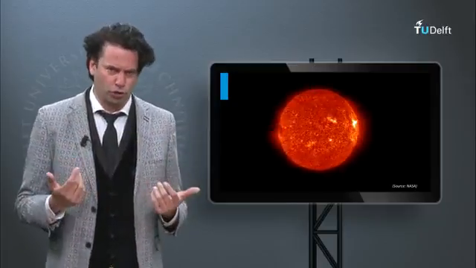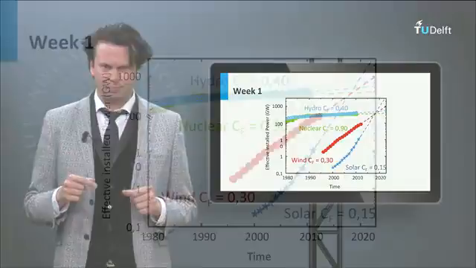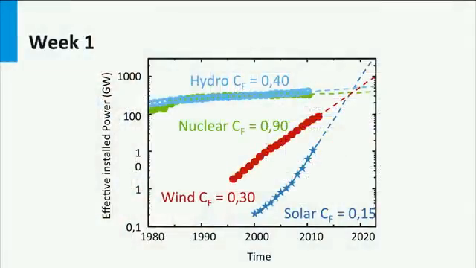Now I will give a more detailed overview of the course content for each week. In week 1 I will give you a general introduction into solar energy. I will discuss the variety of technologies for energy conversion we are using today for our energy needs. I will try to put the role of solar energy in perspective in reference to other energy sources. I will teach you the difference between photovoltaic and solar heat.